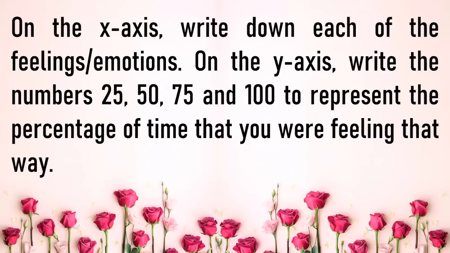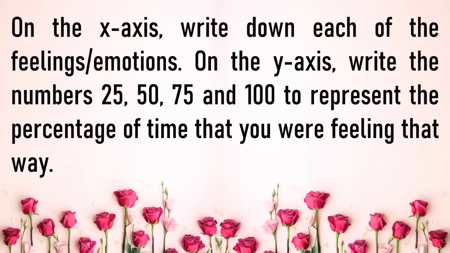Now, what you will do is make your own graph. On the x-axis, just like a while ago, you'll write down each of the feelings or emotions. And then on the y-axis, you will write down the numbers 25, 50, 75, and 100 to represent the percentage of time that you were feeling that way.